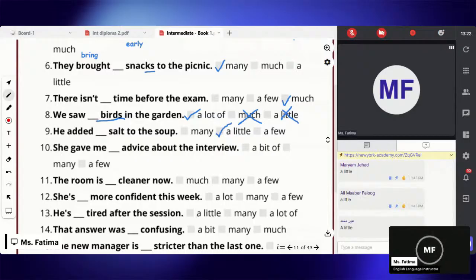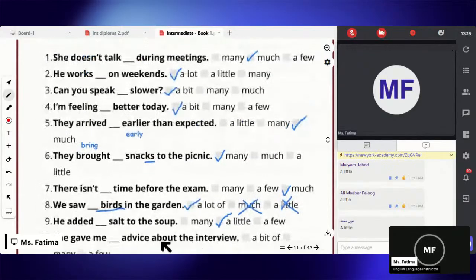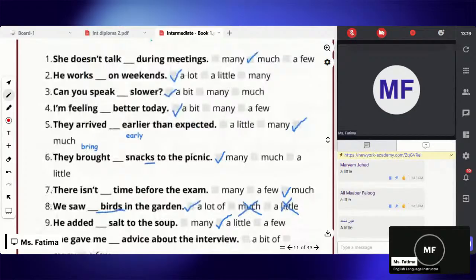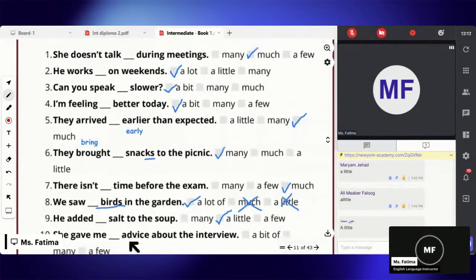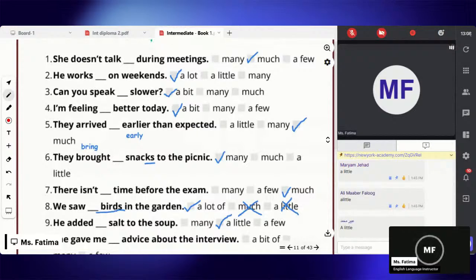Okay, next. She gave me a bit of advice about the interview. She gave me many advice about the interview, or she gave me a few advice about the interview. Oh, it's a tricky one here.